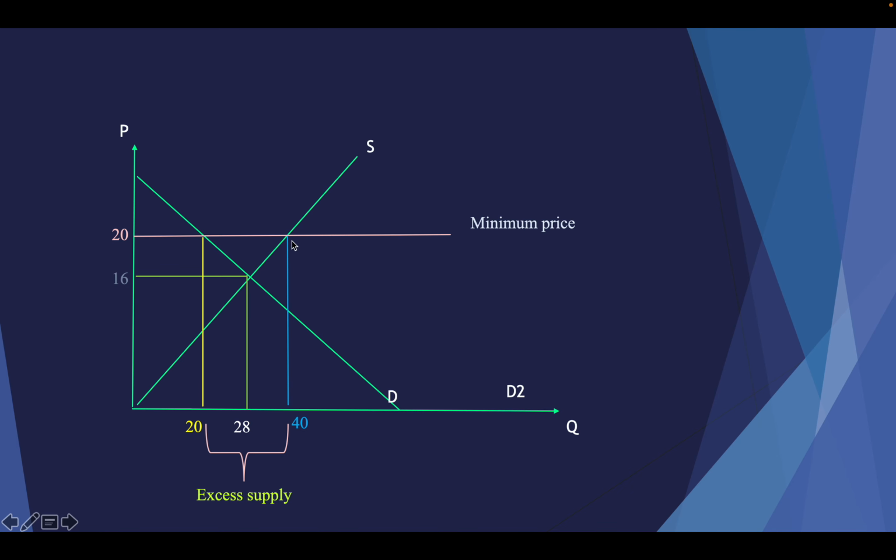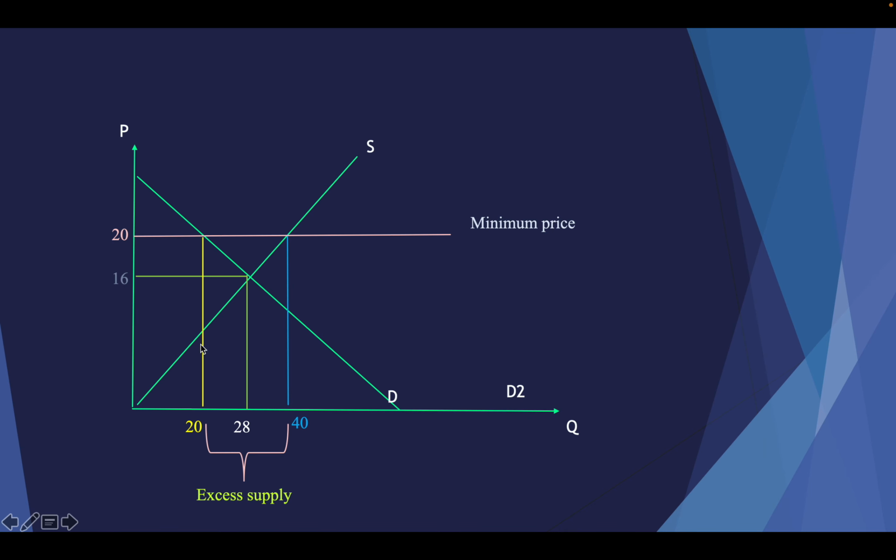Then minimum price here, the minimum price intersects this supply curve. The place where it intersects the supply curve, the quantity you have to find out, because they are going to find out the excess supply or excess demand. And where the minimum price intersects the demand curve, that is the demand quantity. Here the demand curve intersects here, and the quantity we have to find out. How do we find out the quantity?